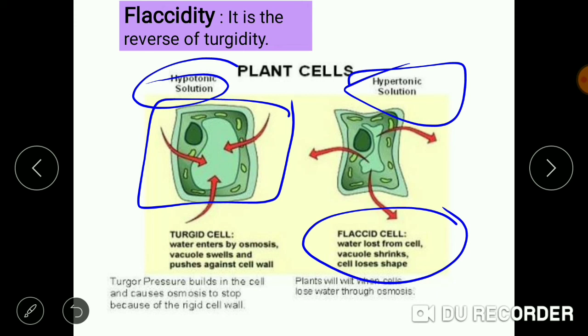So the shrinkage of a plant cell kept in the hypertonic solution is known as flaccidity.